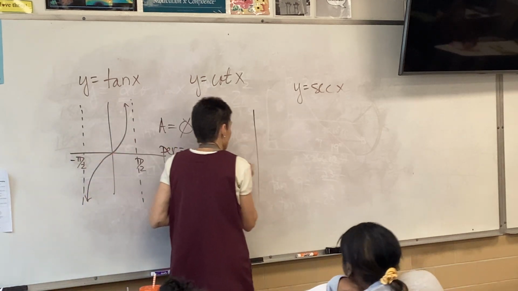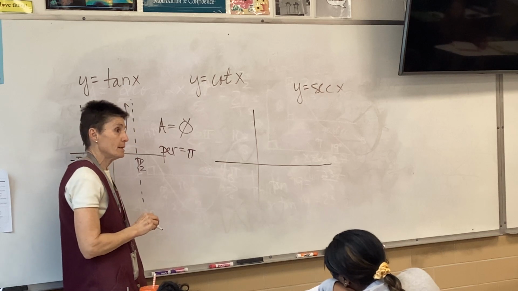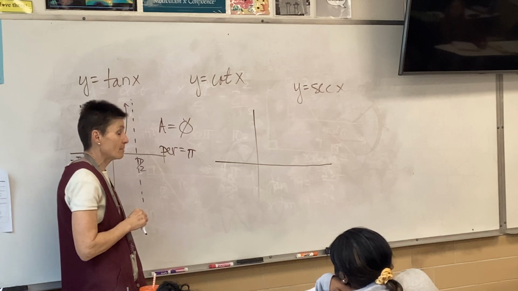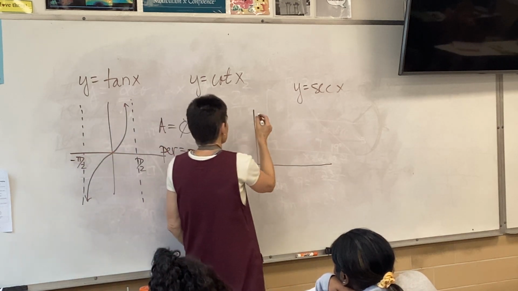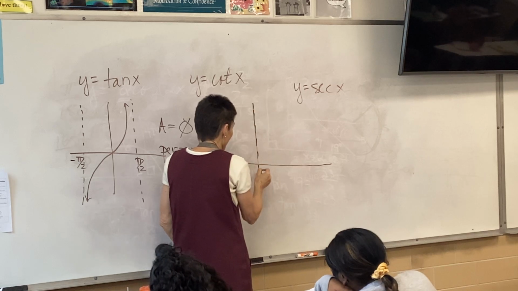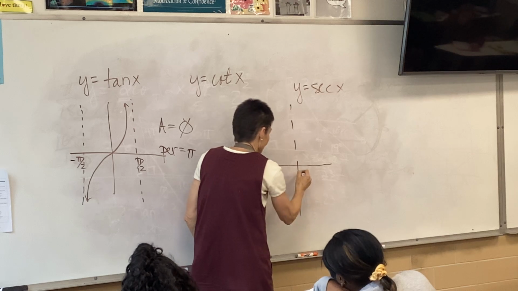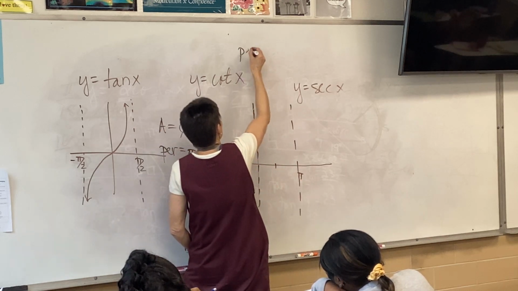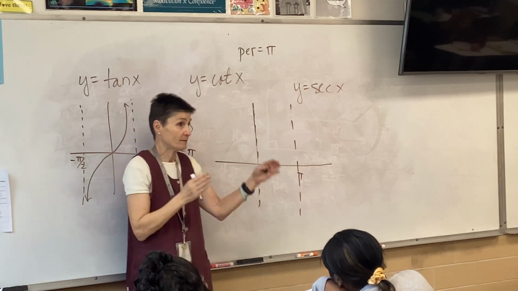Now, there's good news and bad news about the cotangent. It's got similarities to the tangent, that's the good news. The bad news is everything is whoppers off. The asymptotes for the cotangent are at 0 and pi. So they're still pi apart. The period is still pi, but the asymptotes are shifted.